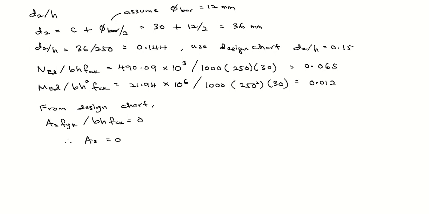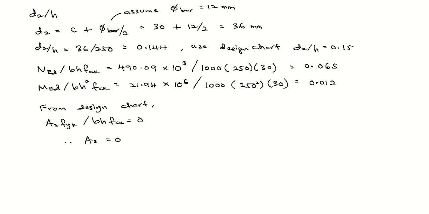So if you get this AS equals 0, it means that we need to provide minimum reinforcement. We cannot have 0 reinforcement. That's why we have minimum and maximum reinforcement. That's why we have that limit. We cannot provide less than the minimum and more than the maximum.